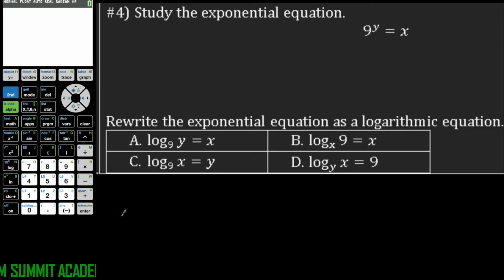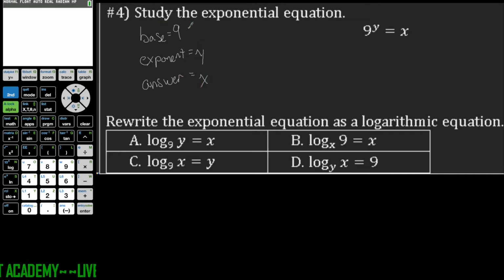In number 4, same setup. We're now going from exponential to log. So let's have it like this. We can say our base is 9, our exponent is y, and our answer is x.